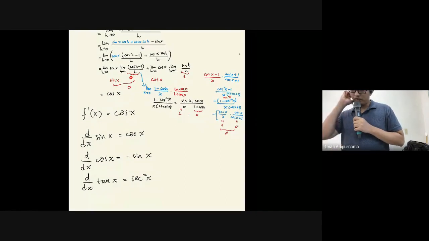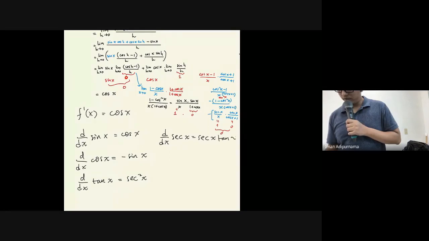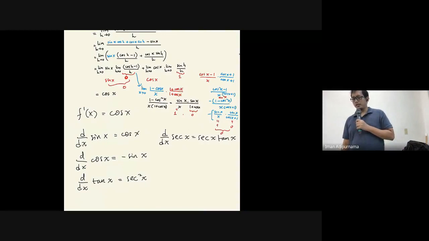Okay. I think just the basic one is fine, and you can actually derive the other ones with the basic one. Secant, yeah, I think just these four are enough. Okay. Cosecant, cotangent, not really important.